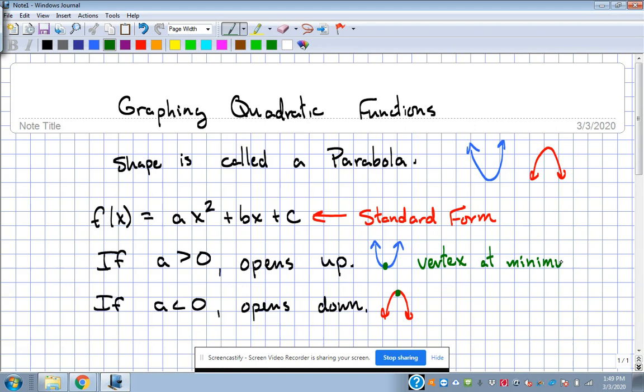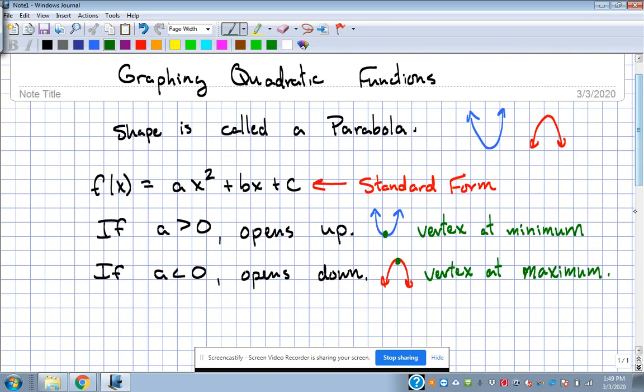So that's combining everything you just told me. Minimum value on the vertex. If a is negative, it opens down. The vertex is at a maximum. Minimums and maximums. Minimum, lowest point; maximum, highest point.